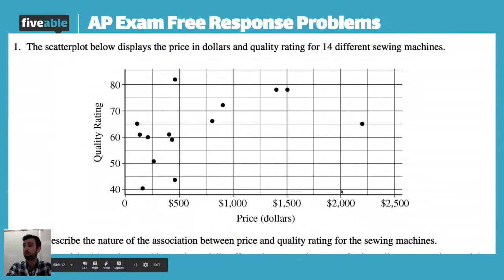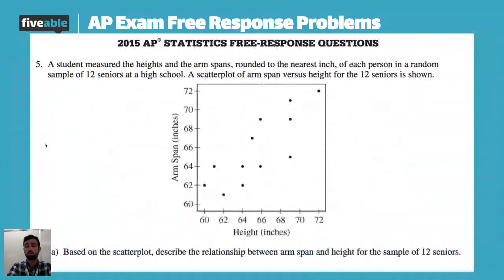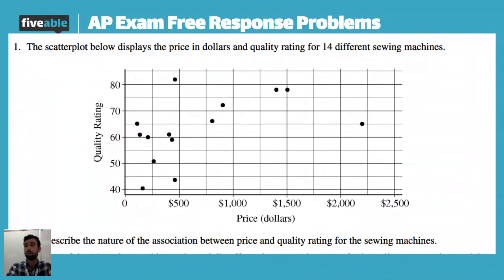Remember, price is the explanatory variable here, and quality rating is the response variable. So we think that the price may influence our quality rating. If you buy something more expensive, usually it's probably a better product. Usually, not always. And we see that here, actually.